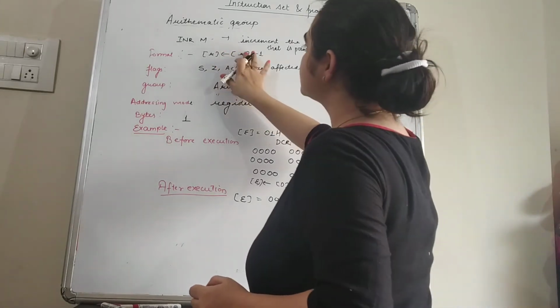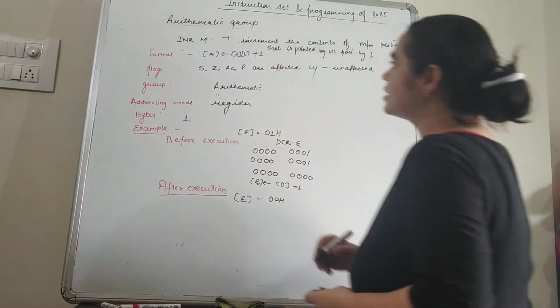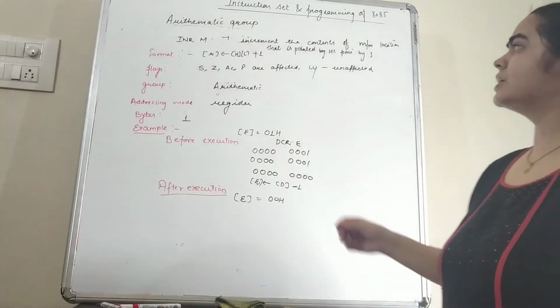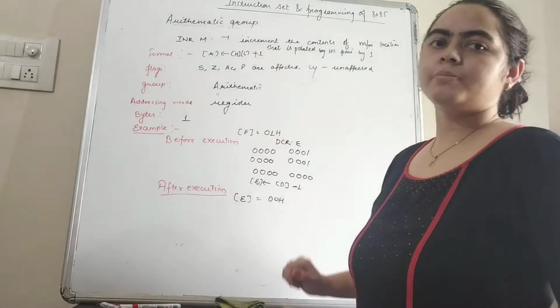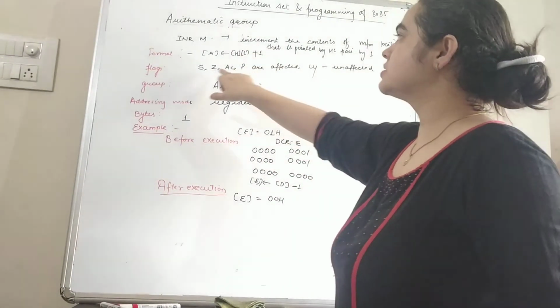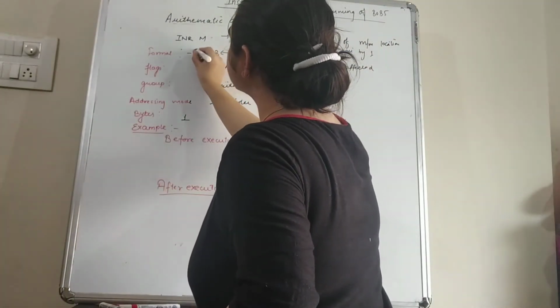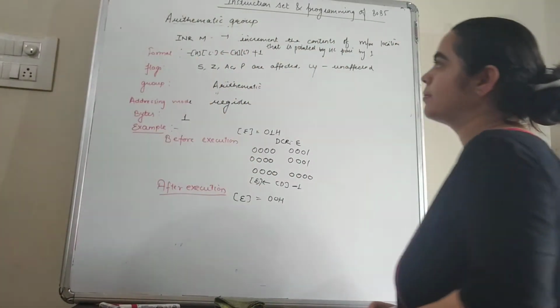That means here we have the HL pair, and we add 1 to the contents present in the memory location pointed by the HL pair, and the result is again stored in that particular memory location.